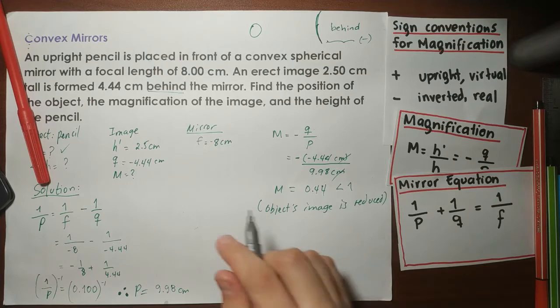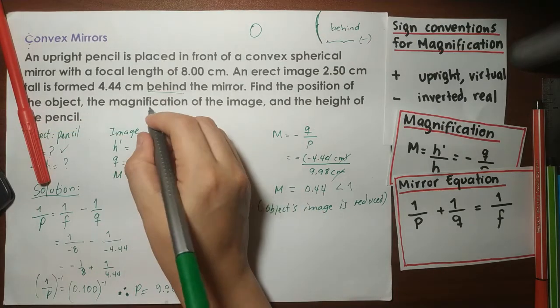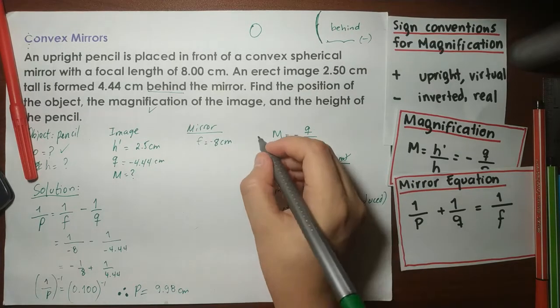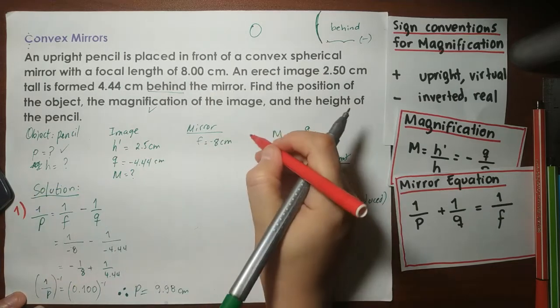Let's say you had an object of 10 centimeters, and after light hits the mirror, the image that will be reflected is going to be tinier than the original object. That's what it really means. So we already found magnification. Now I want to know the height of the pencil. So this was my first step. This is my second step.